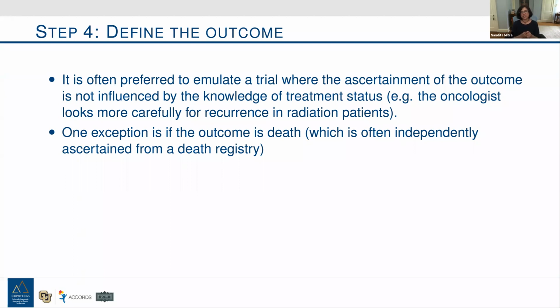In an observational study, for example, this may not be true, but say in our example of radiation versus chemo, say the physician looks more carefully for cancer recurrence in radiation patients versus chemo patients, then you are now ascertaining the outcome in a differential way. So those are things you should really think about when you're using observational data to define the outcome.